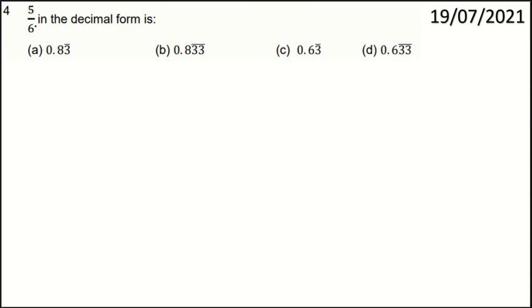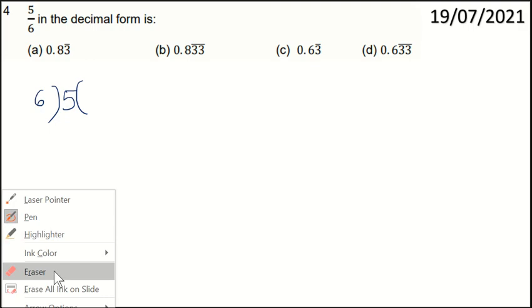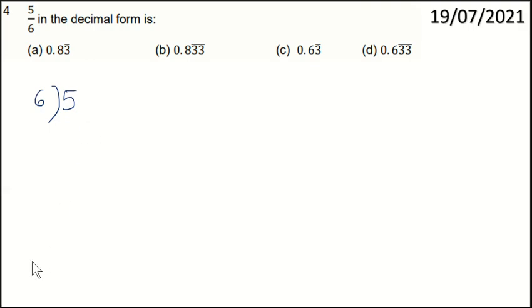Question number 4: convert 5 by 6 into decimal form. You know, dividing 5 by 6, 5 is not divisible by 6, so we have to take a decimal point. So it becomes 0., that is 50. 6 8s are 48 and 2 comes as a remainder.